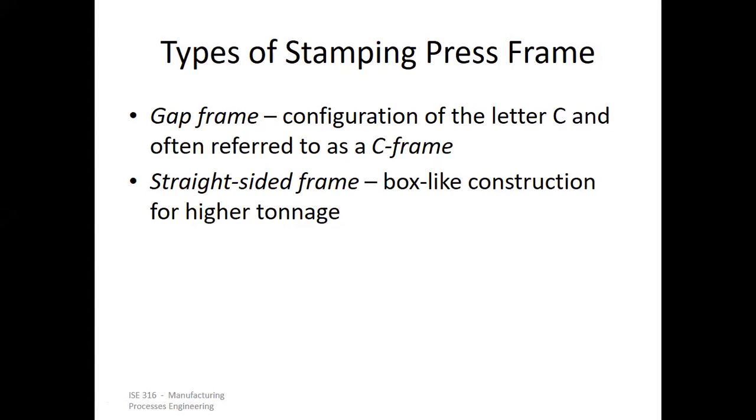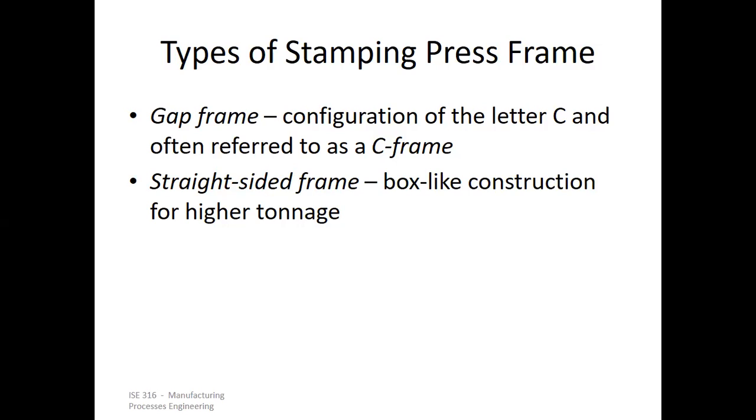If you have observed the frame of machine tools, they are basically of the letter C. Then there is the straight-sided frame, a box-like construction for higher tonnage. We'll see it in one of the images in the next slide.